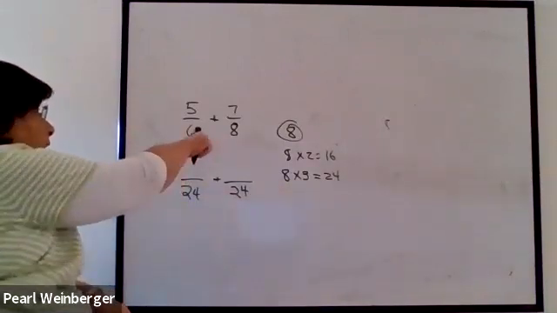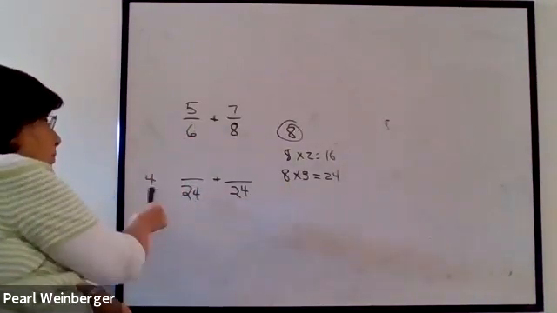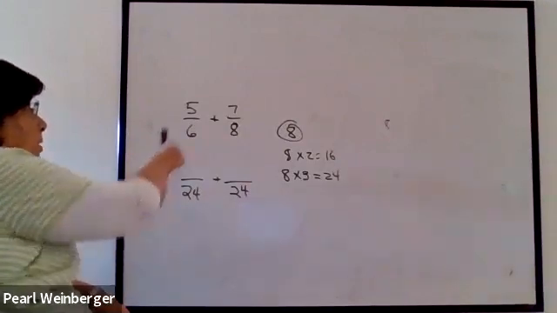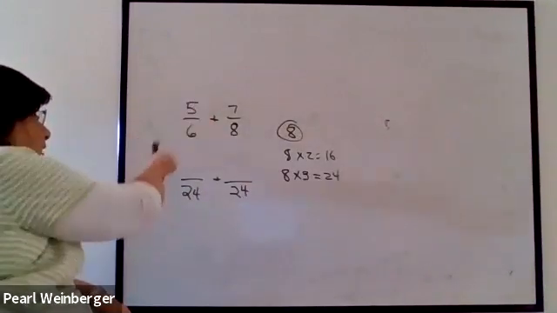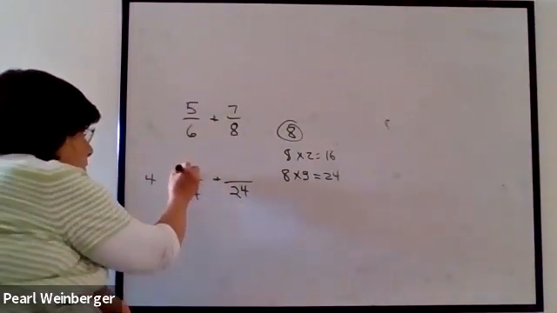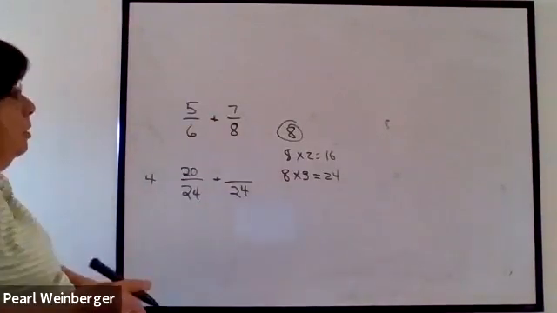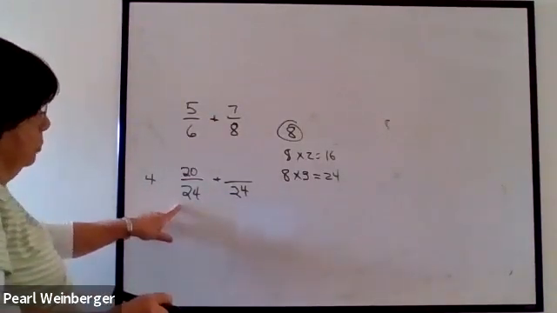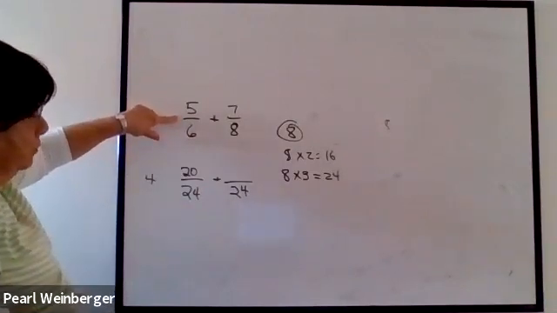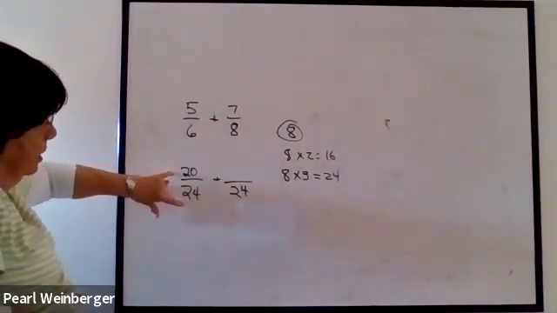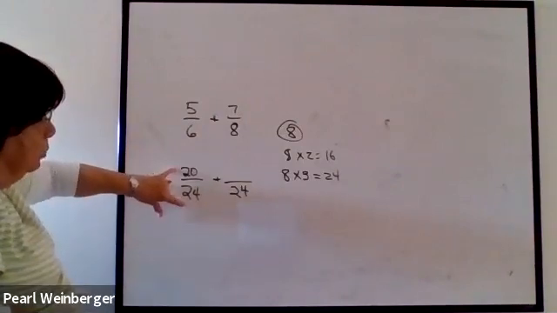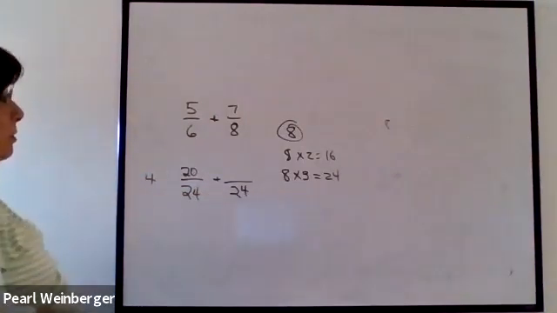In other words, I went from the 6 to the 24 by multiplying by 4. So I have to take the 5 and multiply by the 4 as well. And that'll give me 20/24. Notice 20/24 does reduce to 5/6. I only want it in this format so it can have the same denominator.